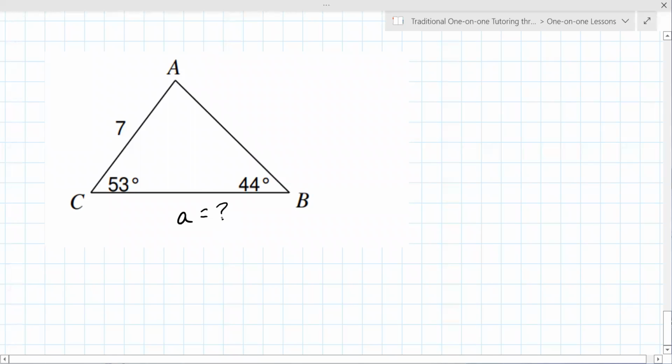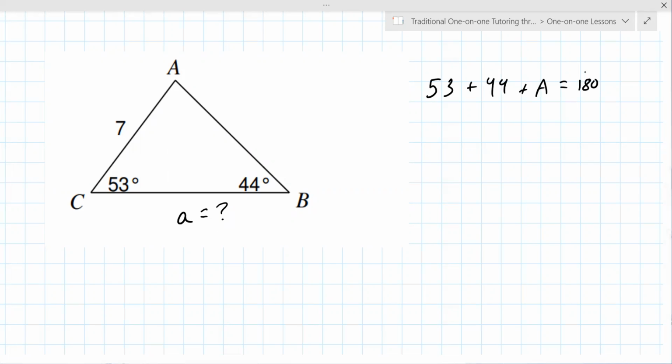So just like the last problem, you are not given the third side of the triangle, and you do need it. You do need the third side of the triangle there. So I mean, many ways to do it, but 53 plus 44 plus big A equals 180. And you need to solve for A.